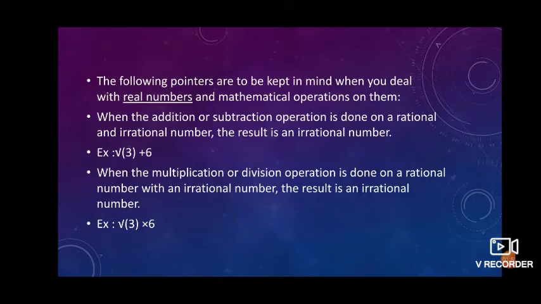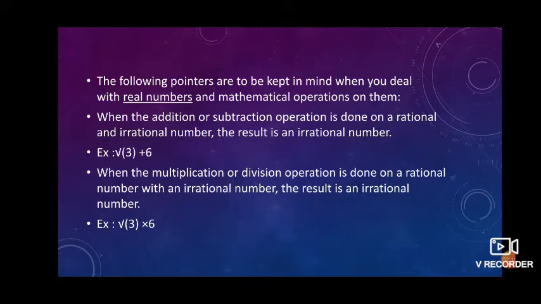See here, when addition or subtraction is done on a rational and irrational number, the result is irrational. Means the combination of rational and irrational is always irrational. Here, if we see root 3 plus 6, root 3 is irrational. Now if we add 6 also, entirely it will become irrational only.